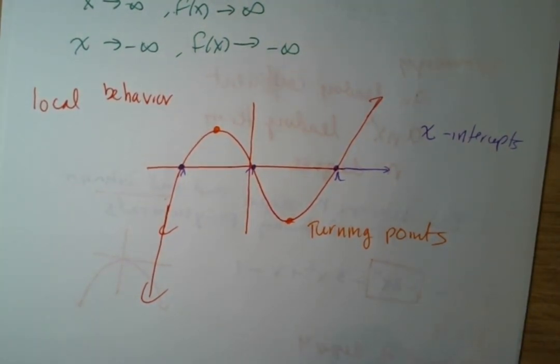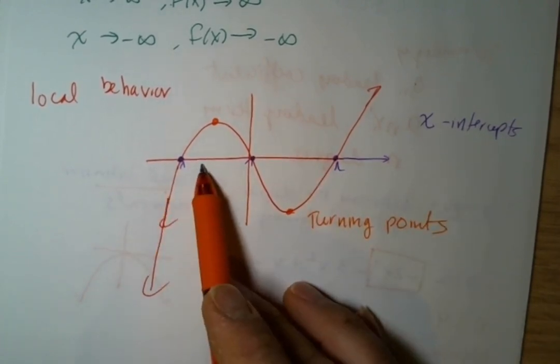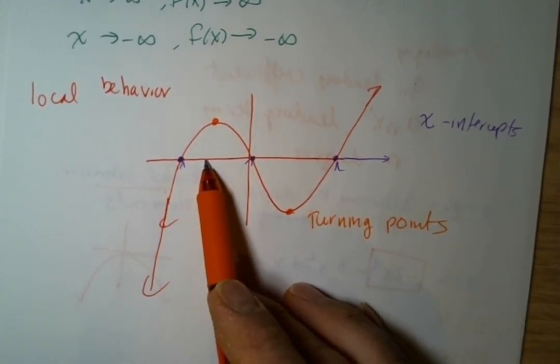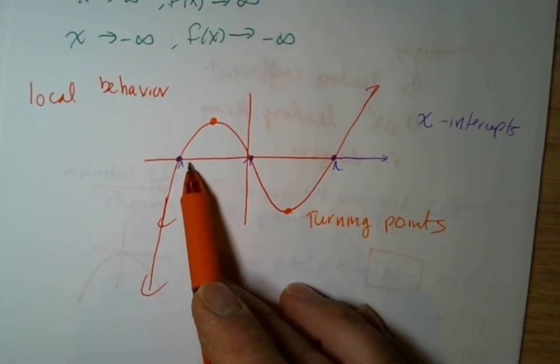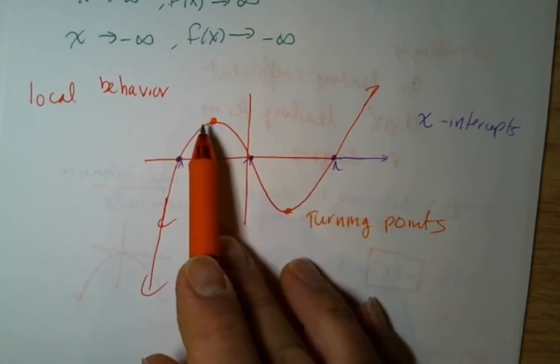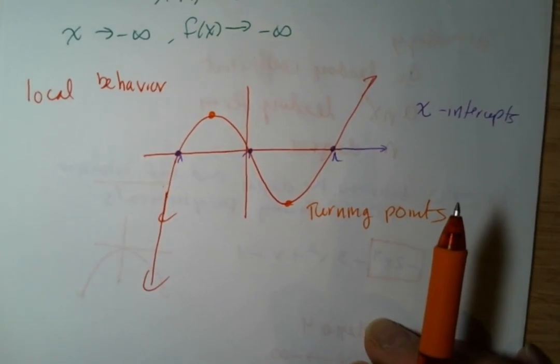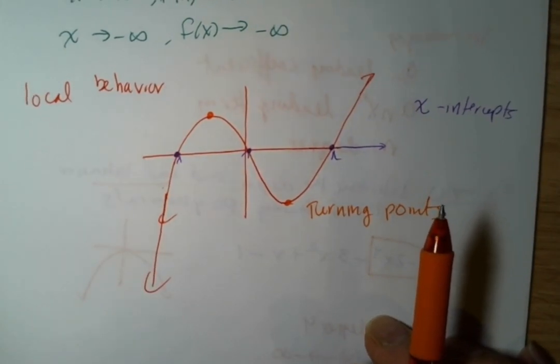All right. Now here, in terms of the x-intercepts, those are self-described, right? X-intercepts are wherever it crosses the x-axis. And then turning points. Now these are something we probably have not talked about in any algebra class.